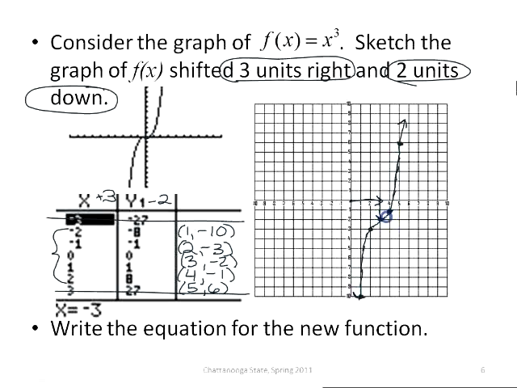The equation for this new function would be, let me call it g of x, equals x minus 3, because a shift to the right means your function would have the minus 3 in it. So x minus 3 cubed minus 2.